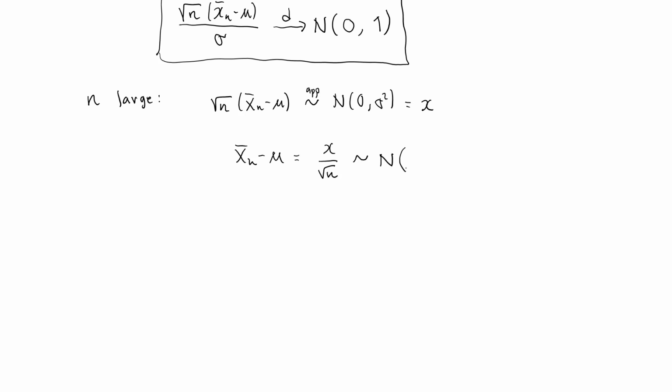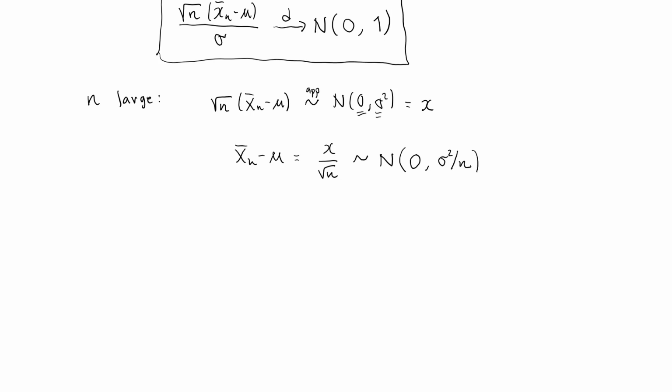The expected value will be the expected value of this, and since X has expected value 0, X over square root of n will have expected value 0. The variance of X over square root of n, take the constant outside, is 1 over n times the variance of X, and the variance of X is sigma square, so this will be sigma square over n.